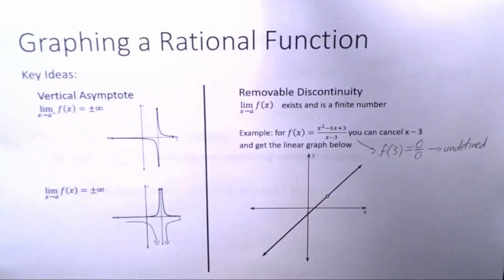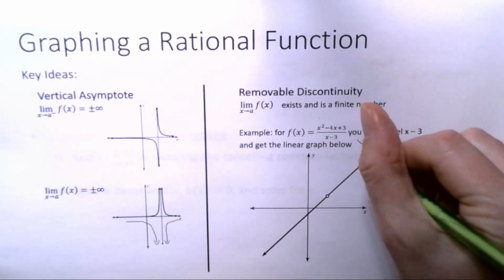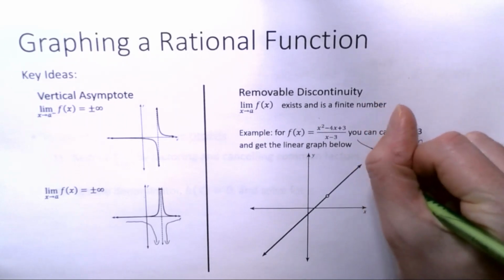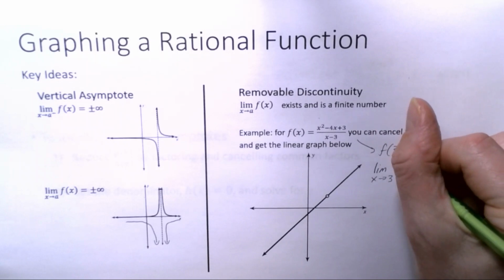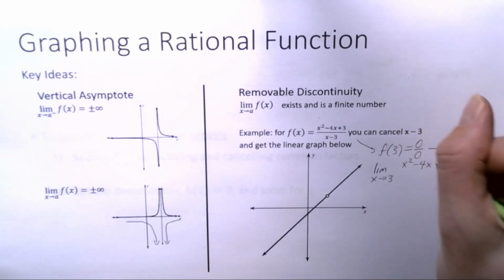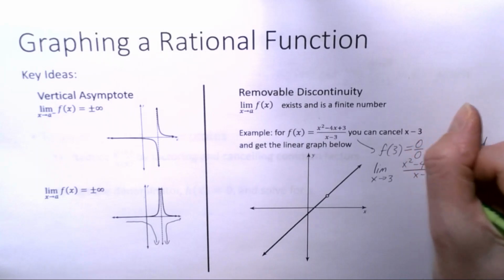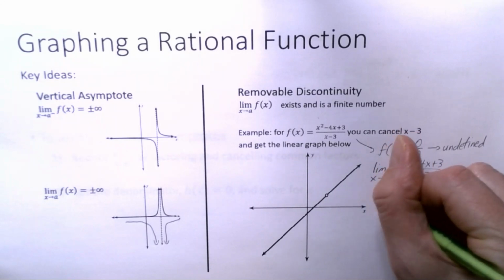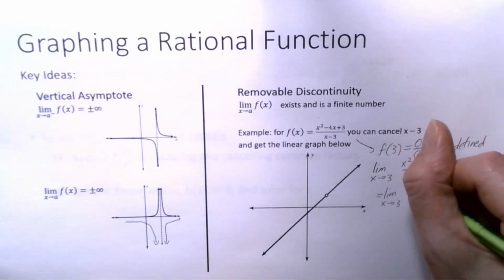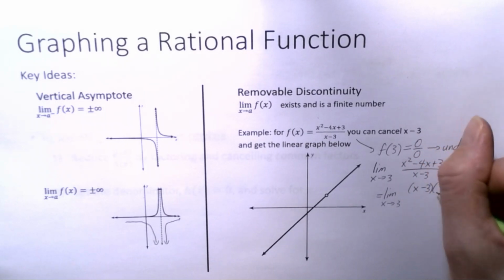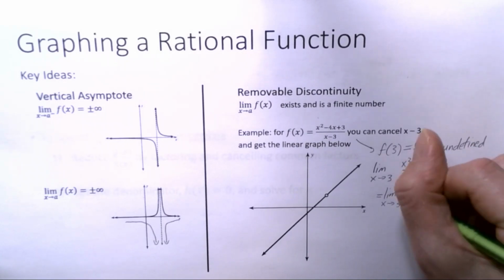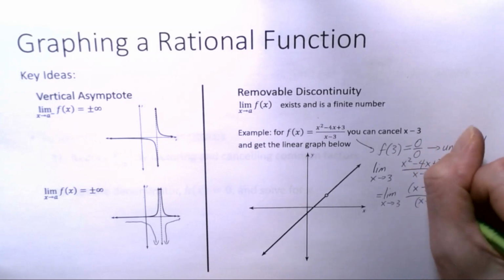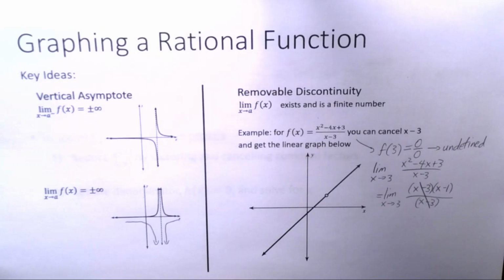So we do not have a point on this graph for x equals 3. On the other hand, if we were to take the limit as x approaches 3 of this function, we can factor this, whereas we can factor the numerator, what's on top, and then cancel.